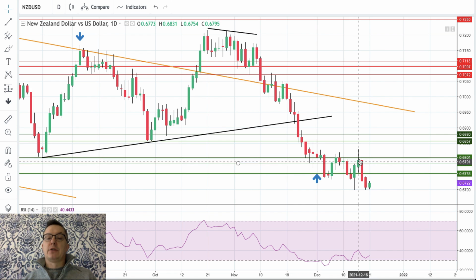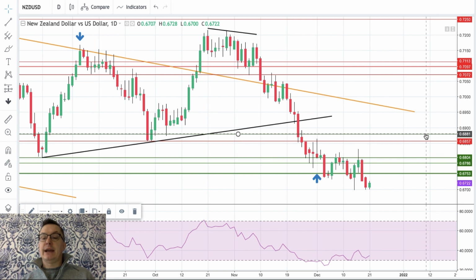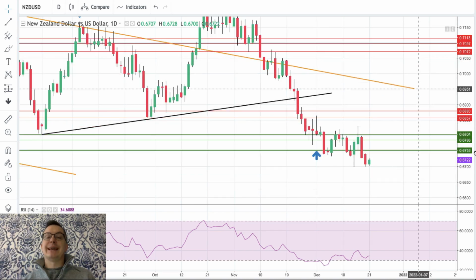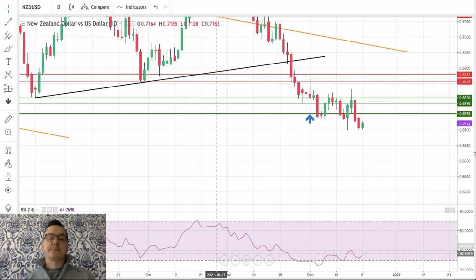The bounce was towards the level of 6,838, so it's not even the bounce towards the key short-term technical resistance located at 6,857 and 6,880. So please keep an eye on the further development on the New Zealand dollar towards the next technical support.